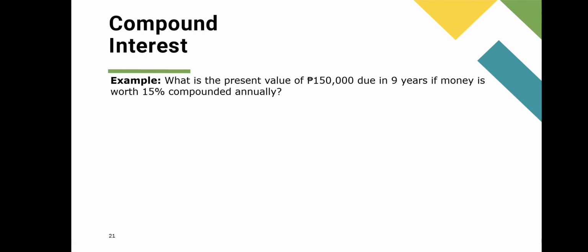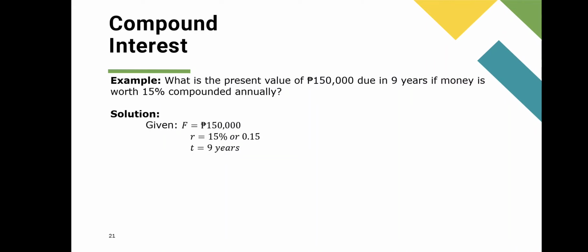For example, what is the present value of 150,000 due in 9 years if the money is 15% compounded annually? We know that F is 150,000. The rate is 15%, or 0.15 in decimals.